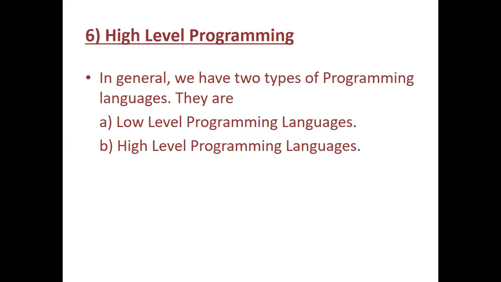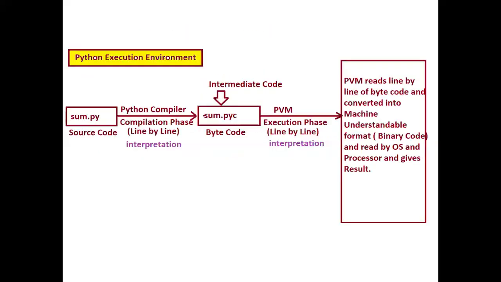What is the purpose of intermediate code in the Python virtual machine? See, it's mentioned here. This is an internal process. It will convert it into the intermediate code in order to check for the errors. This is because this is understandable by the machine. This is not understandable by us.